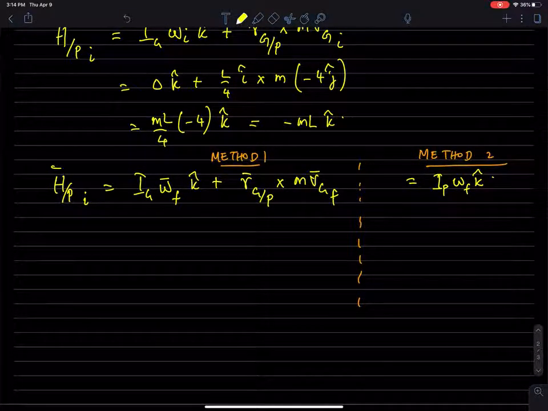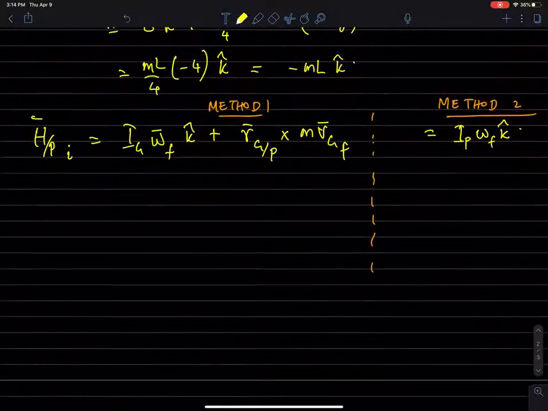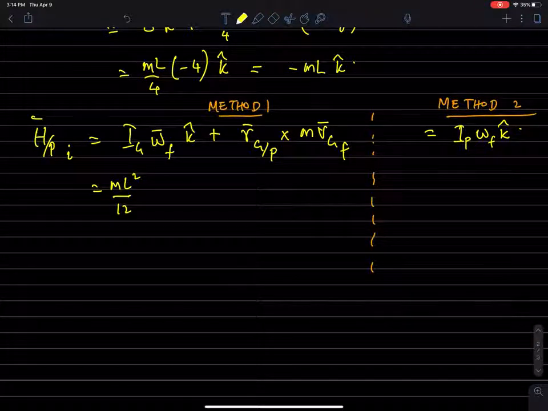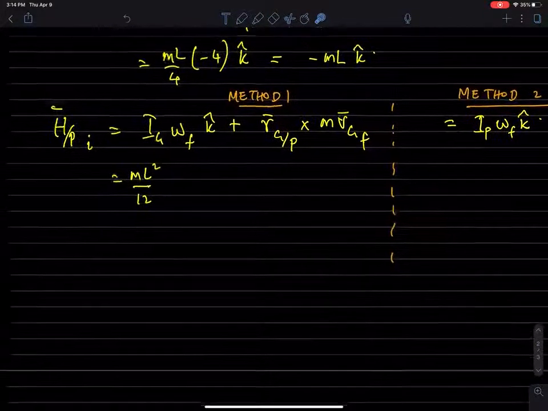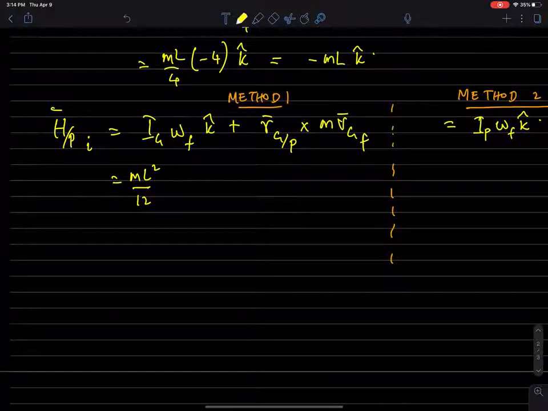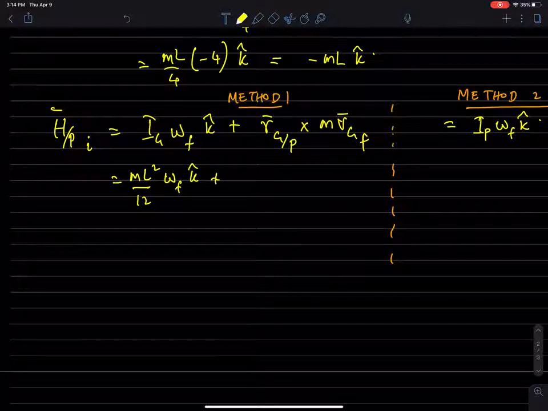In any case, if we continue with this process, IG for a uniform bar is m L squared divided by 12. This should have been without the vector because we have the unit vector here. So that's omega F k. And then R G with respect to P is still L over 4 i crossed with m.